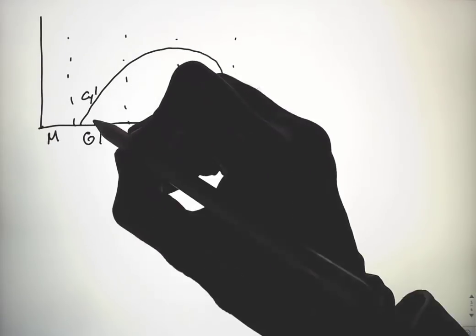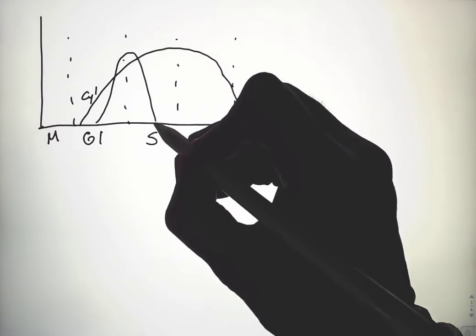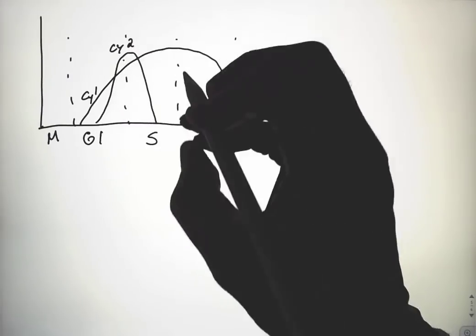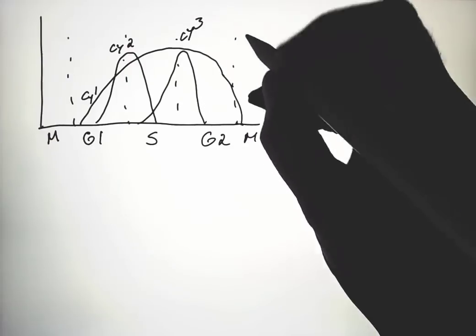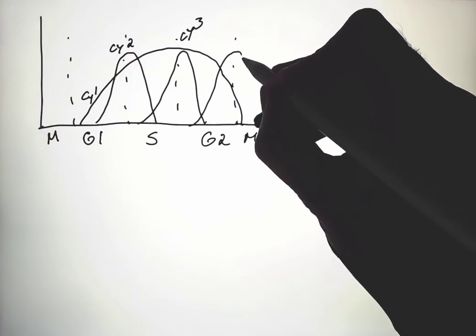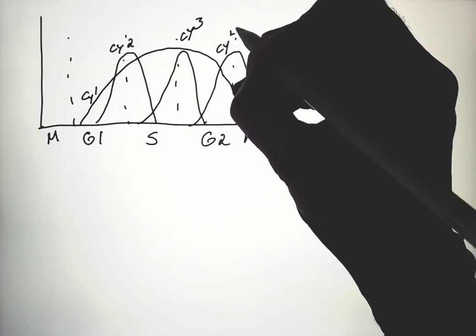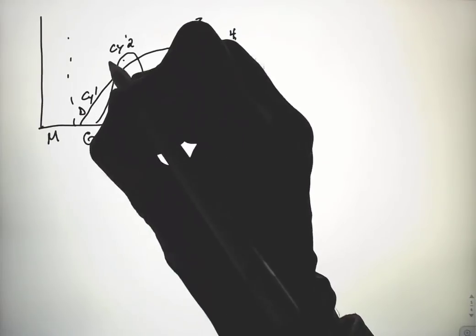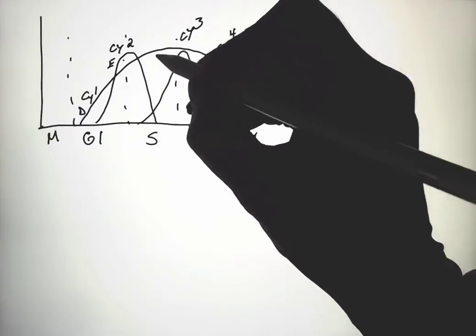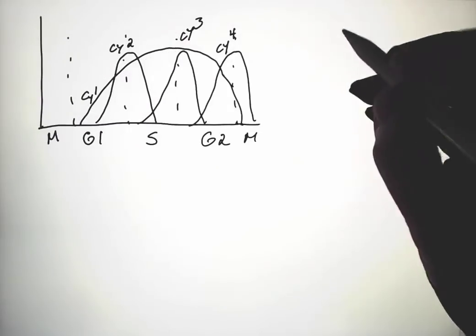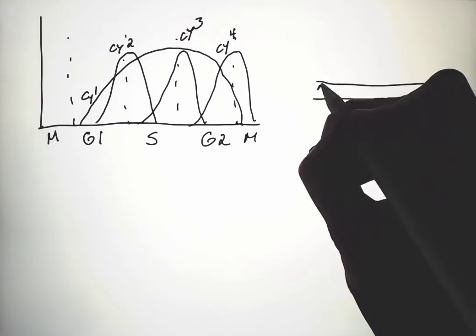One cyclin, I'm calling it cyclin 1, goes up. Cyclin 2 peaks, then cyclin 3 at the transition between S and G2, and cyclin 4 in the transition between G2 and M. The actual letters are D, E, A, and B for these four cyclins, but I'll just call them 1, 2, 3, 4. I'm not concerned that you remember the names.